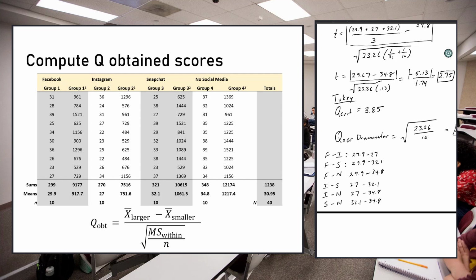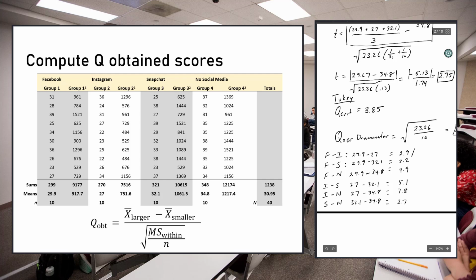Okay. And now we just take these differences: we have 2.9, 2.2, 4.9, 5.1, 7.8, and 2.7.